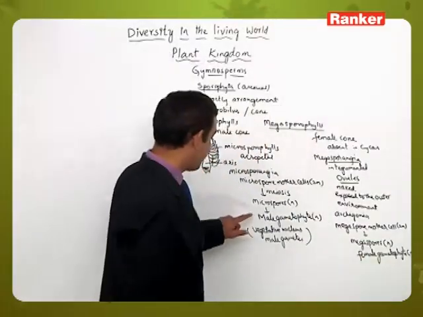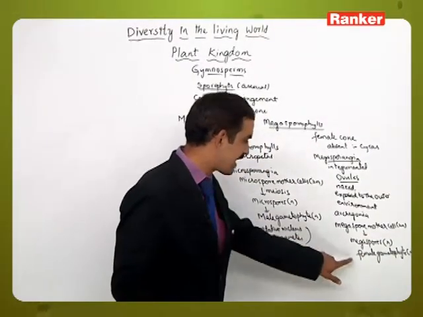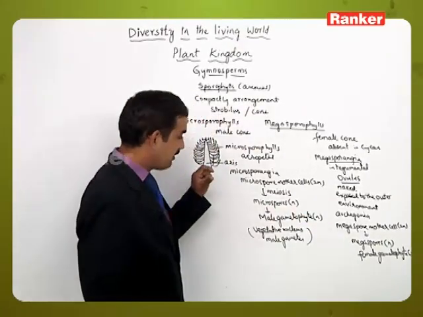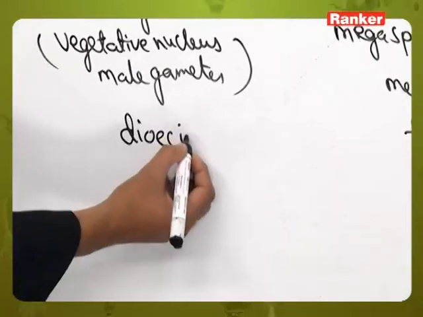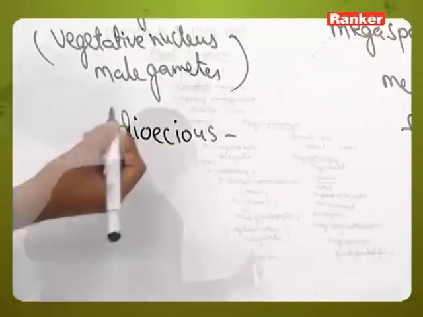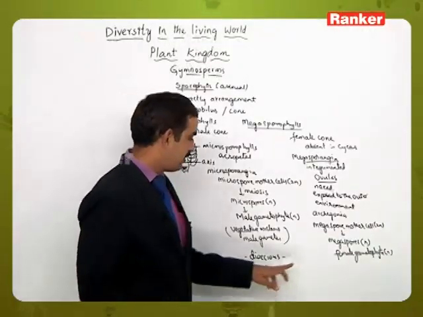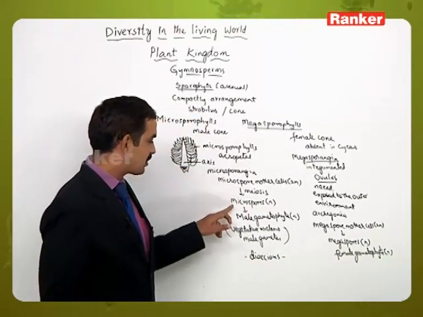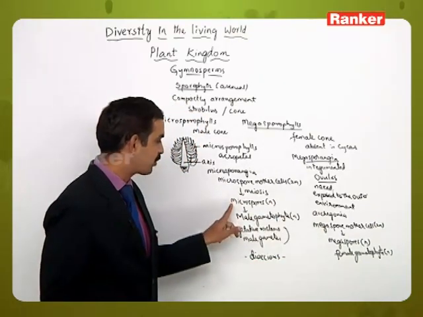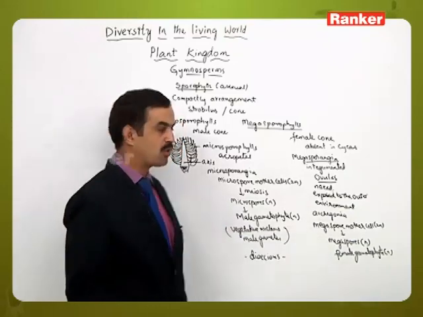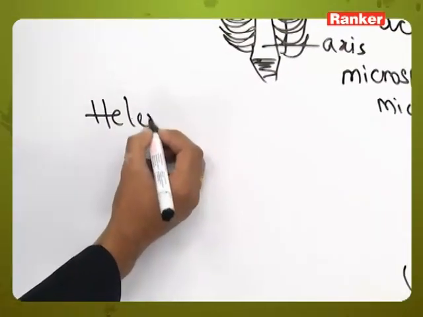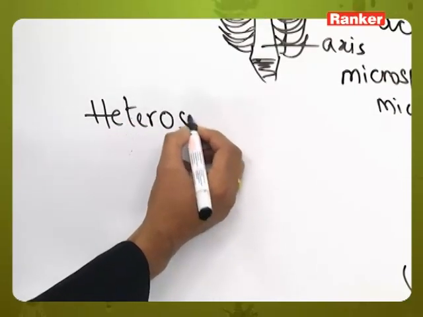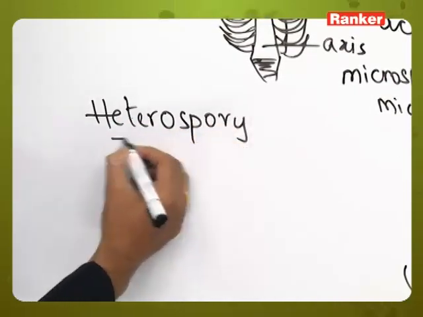So here we can see the male gametophyte formation and the female gametophyte formation. The gametophytes are dioecious in nature. Why are the gametophytes dioecious? Because of heterospory, that is, microspores are present and megaspores are present. That means the gymnosperms exhibit the heterospory condition.